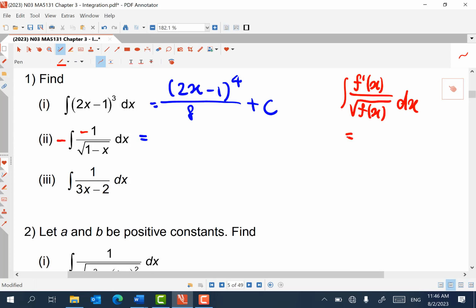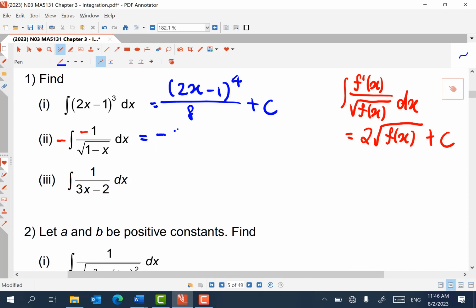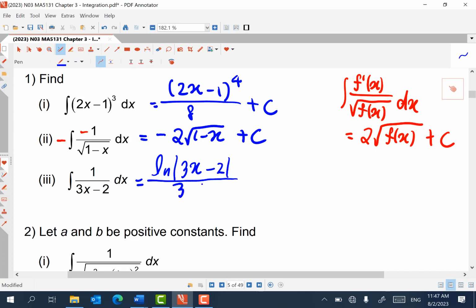What is this? Ivan? Yeah, ln. Okay. This one no ln. Right. So therefore this one will be minus twice of... Ivan, press on. One more. Brilliant. Over 3, that's right.